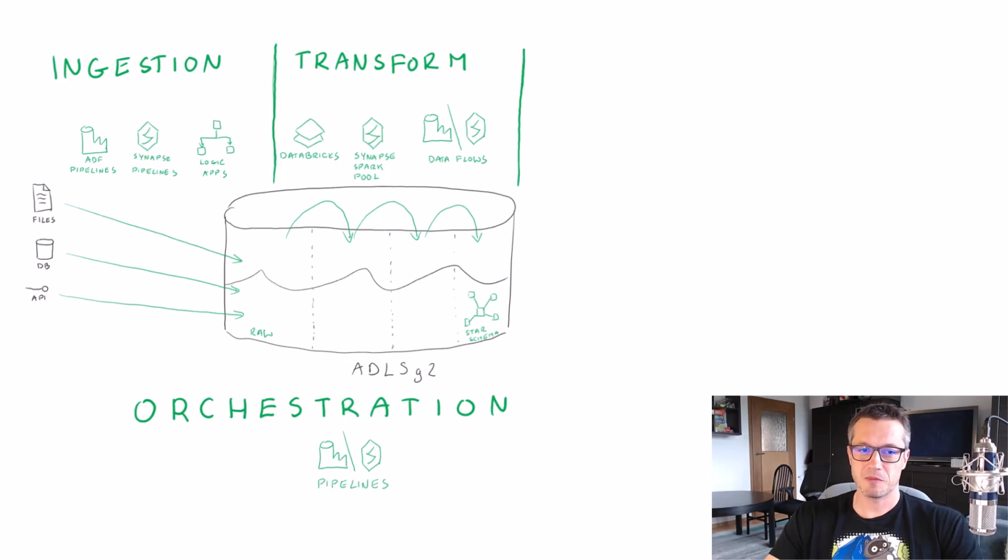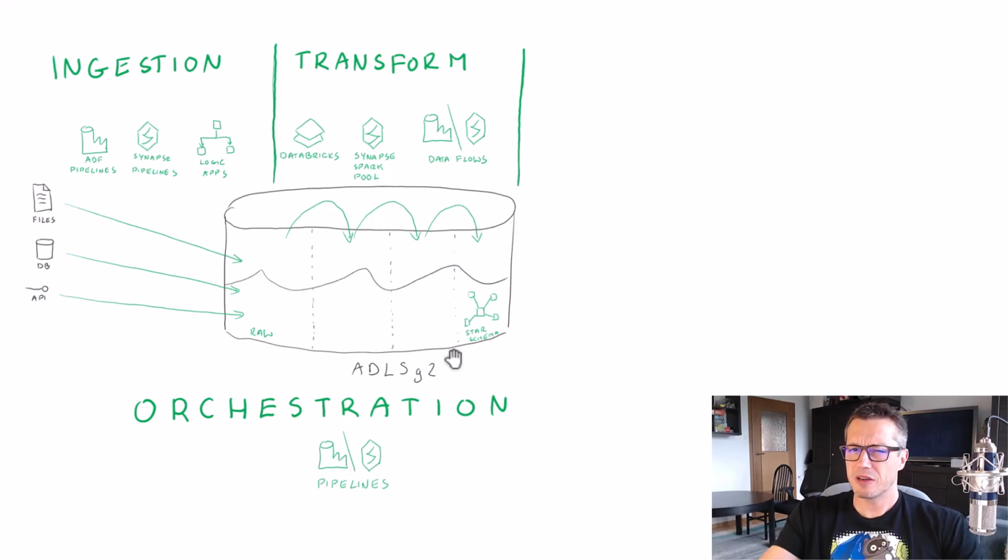And effectively, what we'll have at the end of the transform phase is a data model, usually using dimensional modeling techniques, dimensions and facts, stored as files using this great analytical data format, which is Delta Lake.